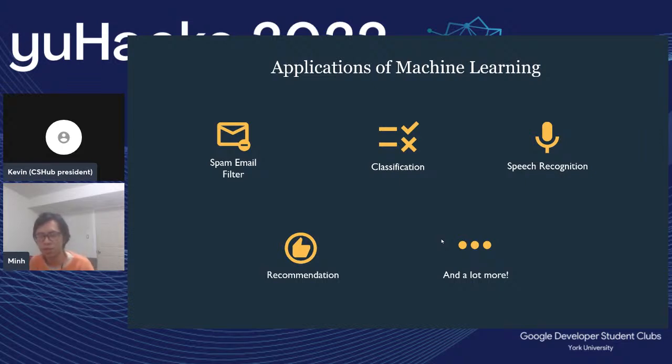Then there is speech recognition, and recommendation systems, which you can see everywhere, like Facebook, YouTube, or even Amazon. There are so many places that use recommender systems, and many more, because machine learning is a very powerful tool that can capture very complex patterns and be used in many fields.